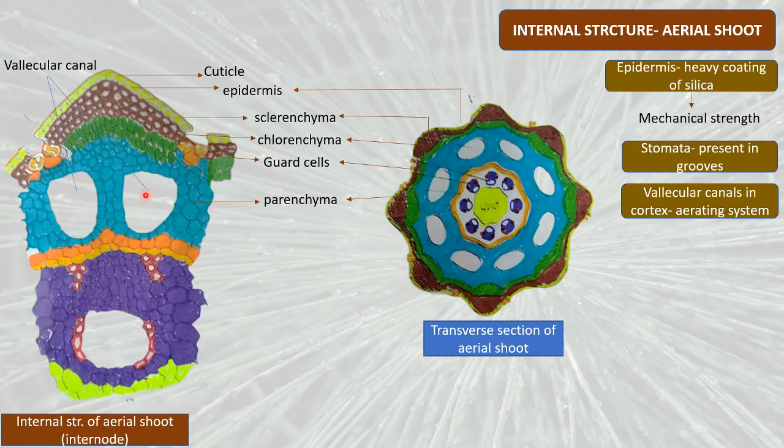So this is about the inner cortex. Now this cortex is separated from the stelar region by the presence of the endodermis. So this orange part that you see is the endodermis, right? And the endodermis is followed by a single layer of pericycle.